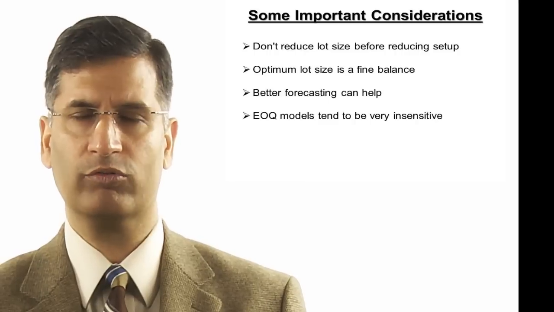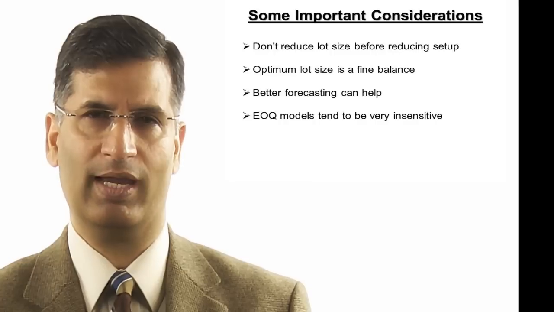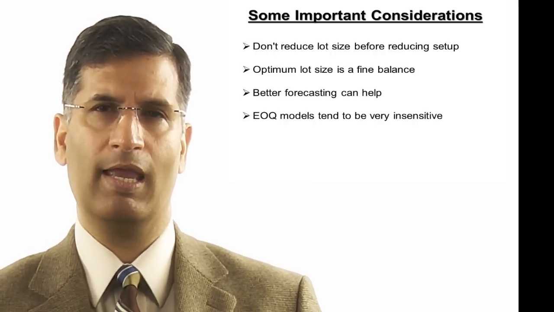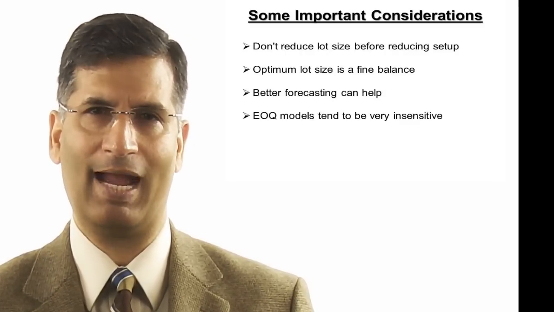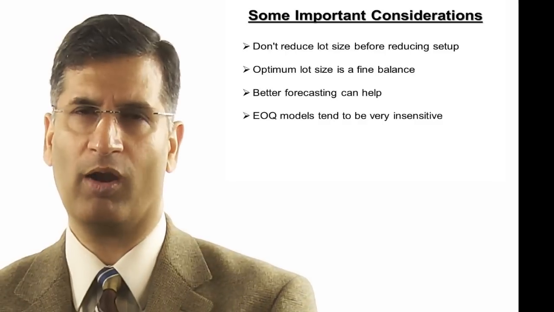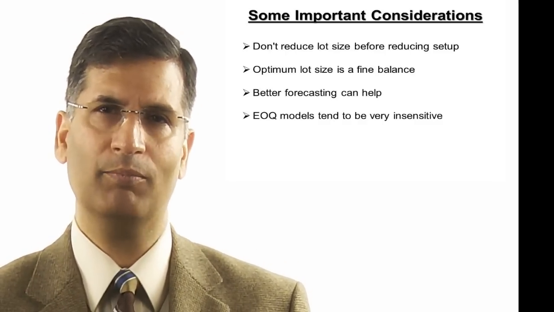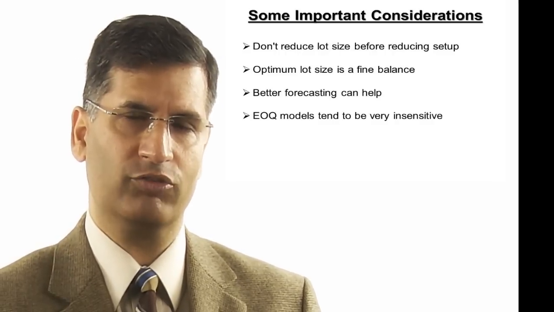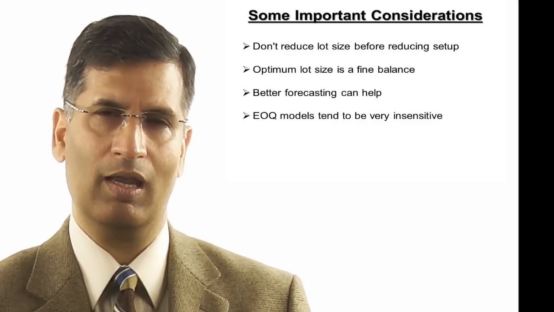We will give a more thorough treatment on this topic when we discuss lean and JIT. But remember this, if you produce in smaller batches and you're making different kinds of things, you will be switching over from product A to product B to product C. If you don't cut down the setup time, what will happen is you will make fewer of A, then switch over and make something else.